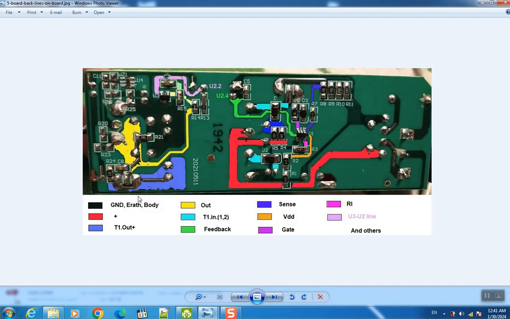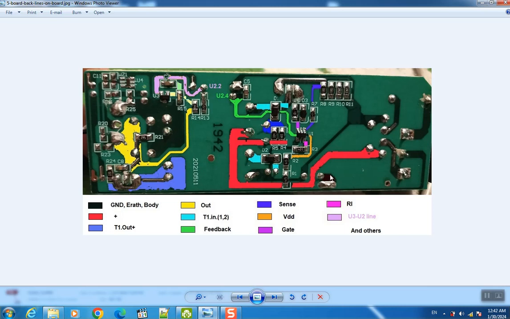Also, I identified the main lines on the board, including the grounds and the positive line and the other line. The ground, earth, and body are here.